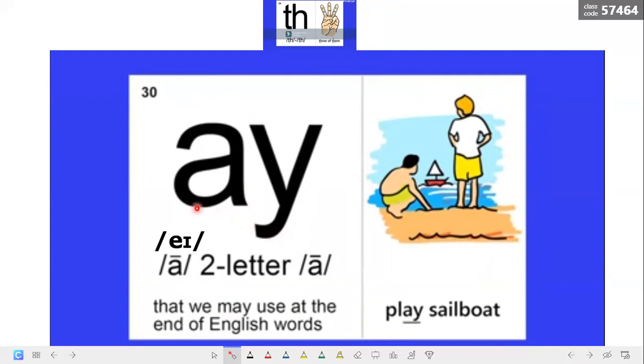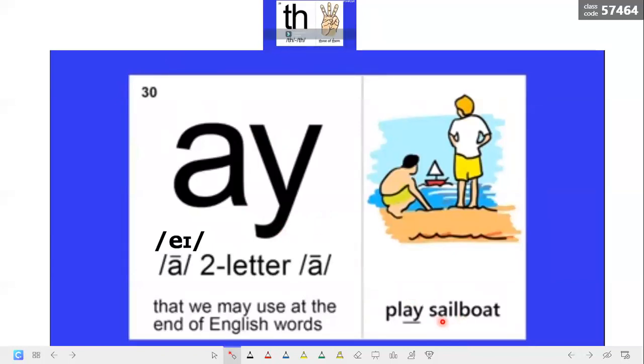So we say play, stay, day, gray. We have the spelling AY, okay, and it gives us the vowel A, okay. But this phonogram always comes at the end of words.